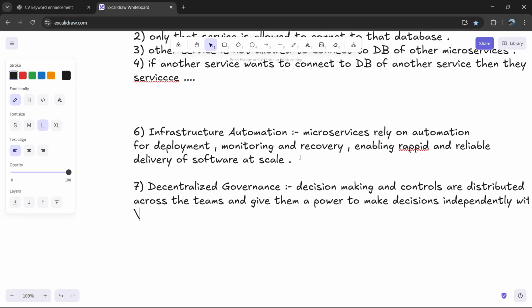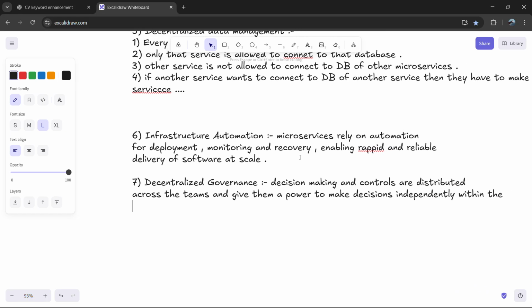Within the boundaries of their respective services.